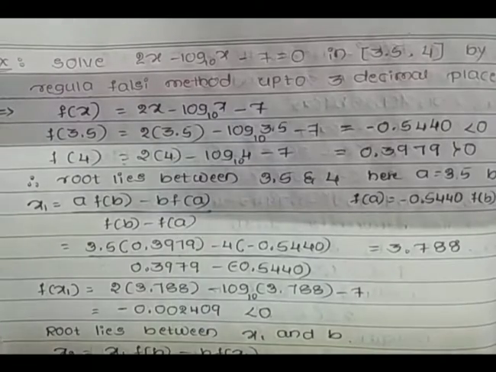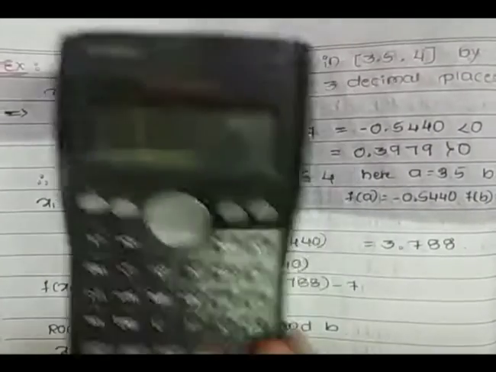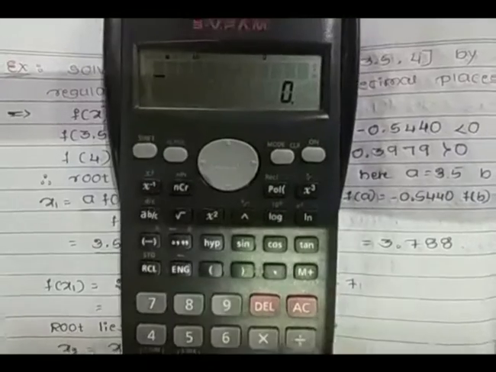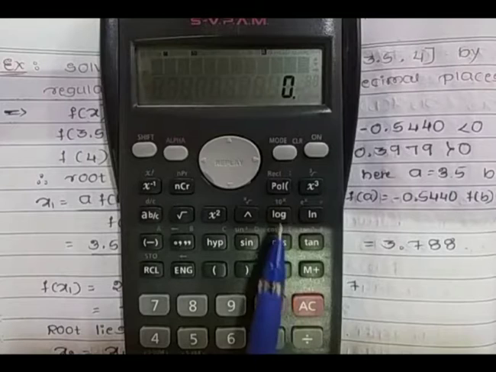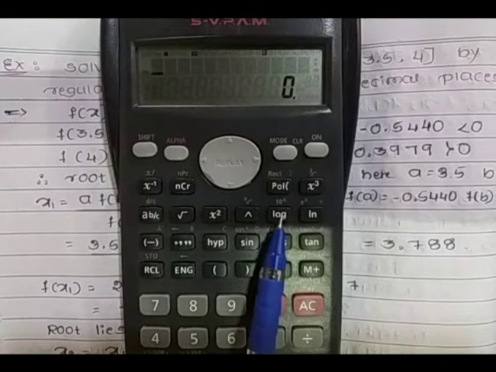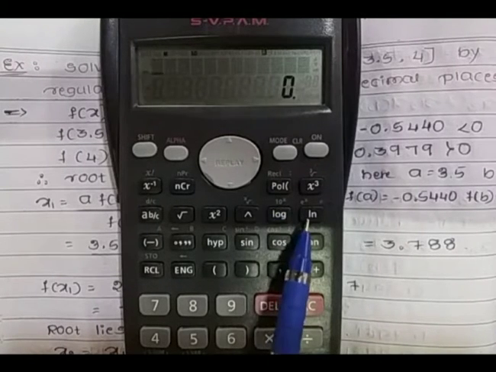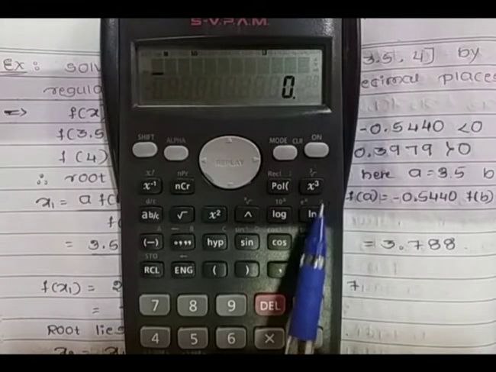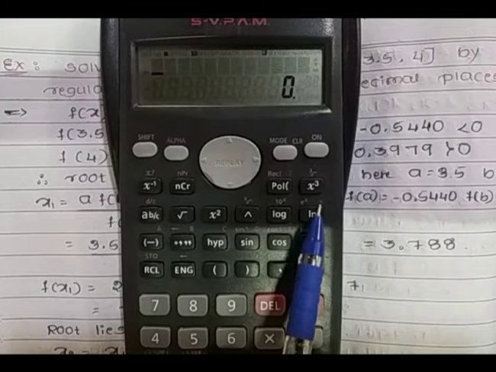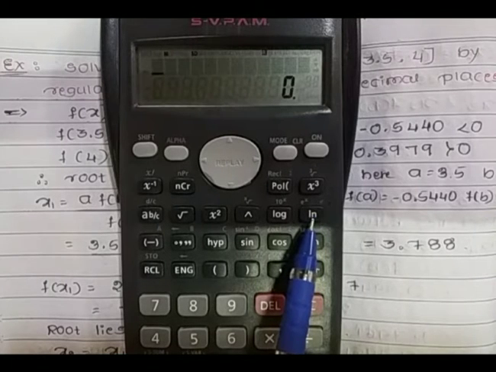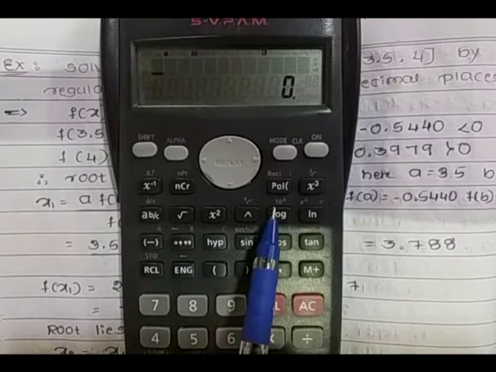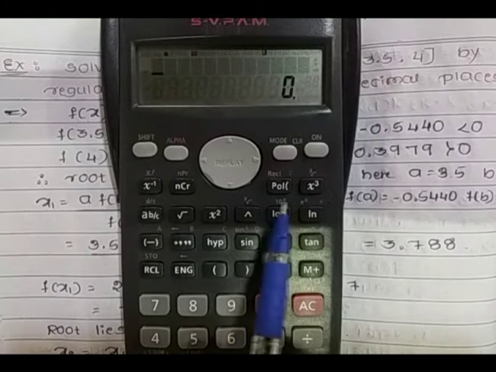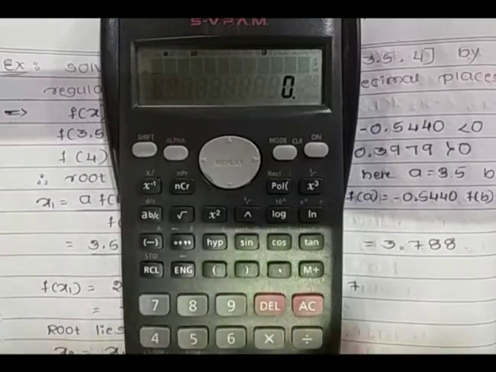When we are using the calculator, we have two important buttons: you can observe log, which is for base 10, and ln, which is for base e. Already using this ln to the base e, we solved one example in the bisection method. But in this example, as log to the base 10 is there, we have to use this particular button.